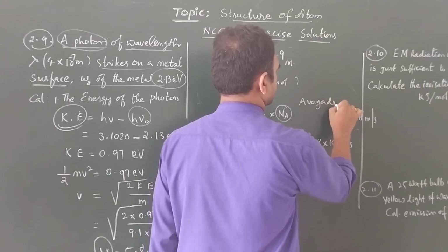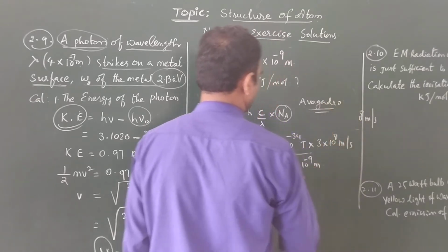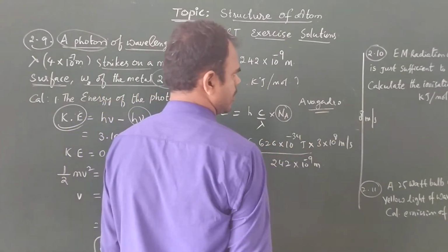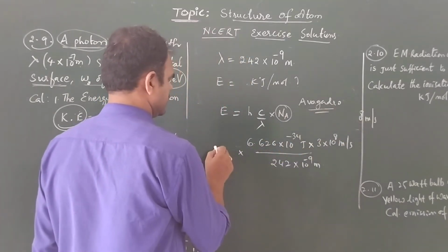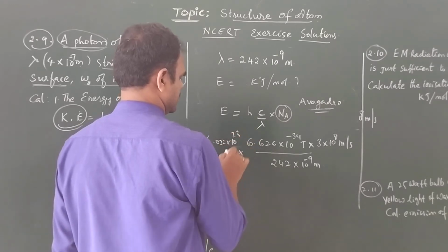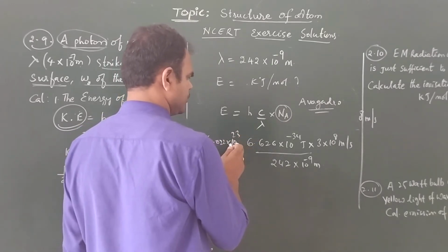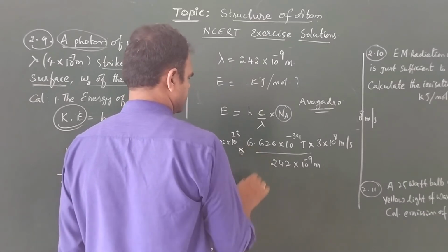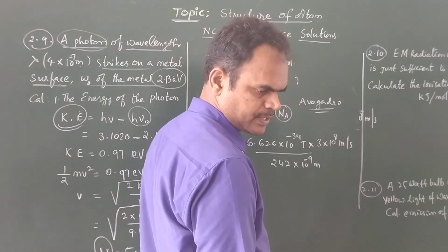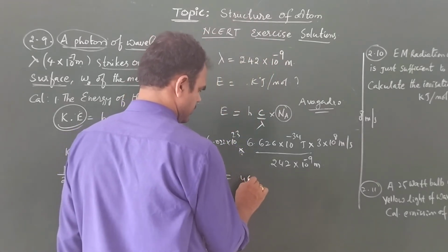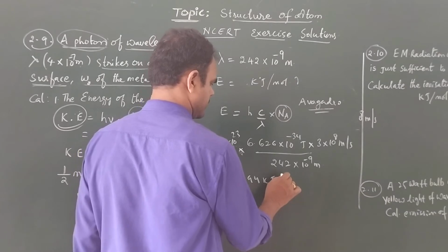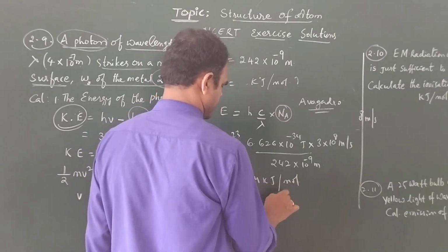If you take an Avogadro number of photons, causing 1 mole of ions, then multiply by 6.022 into 10 to the power of 23. If you multiply this, then you will be getting the answer per mole. How much will you get? 494 kilojoules per mole. You will be getting the answer.